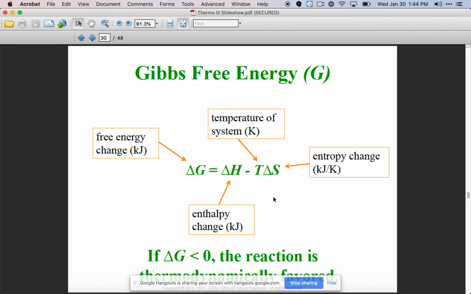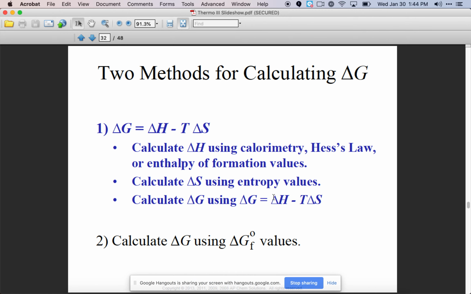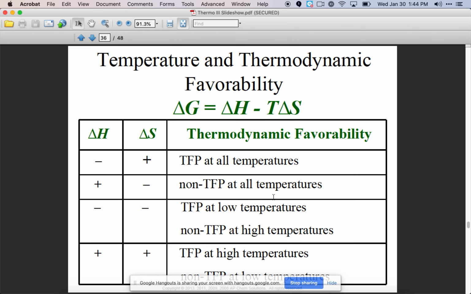Now, I would not memorize this table unless you really feel like that would help you. The reason why is I always do, by the way, which value is always going to be bigger in number? Is it going to be delta H or delta S? Delta H, because its units are what?